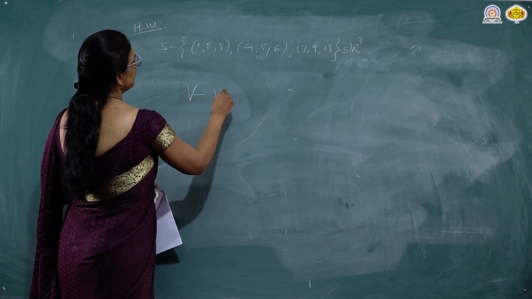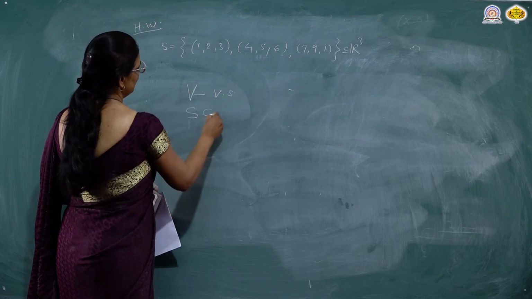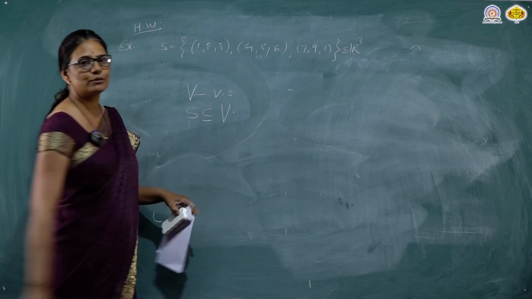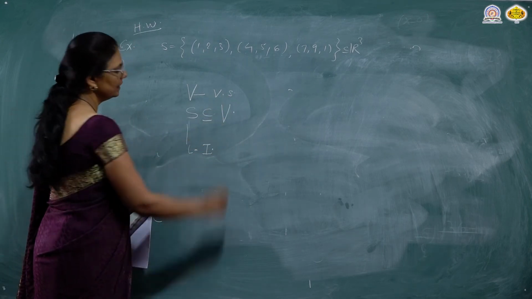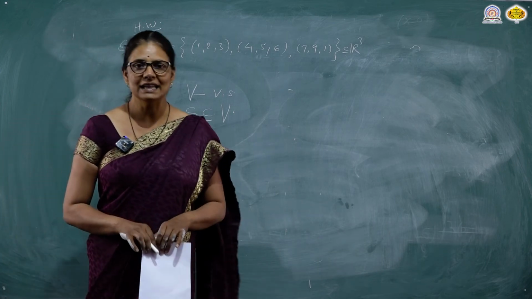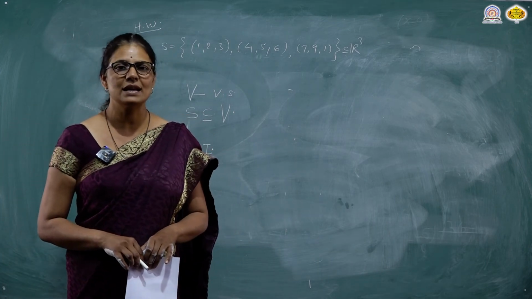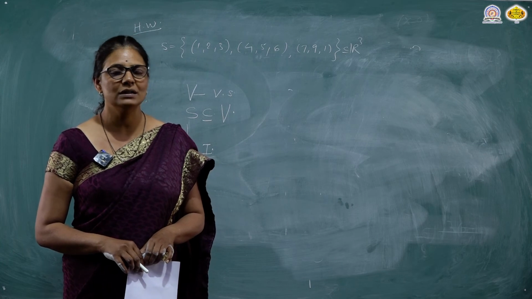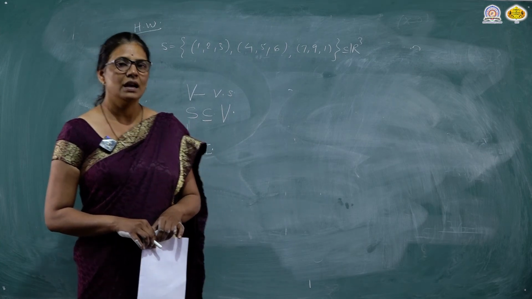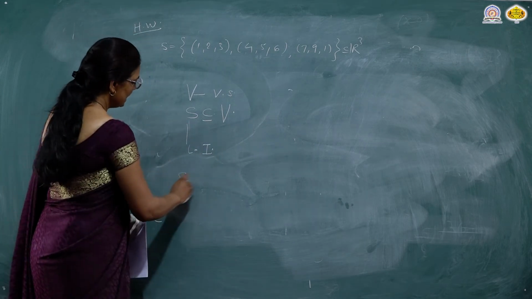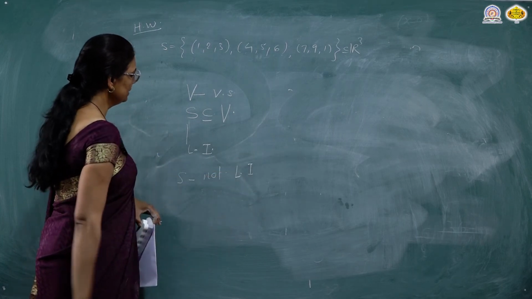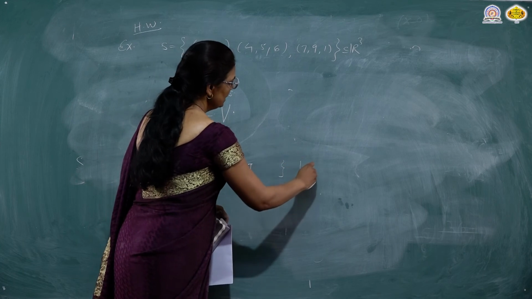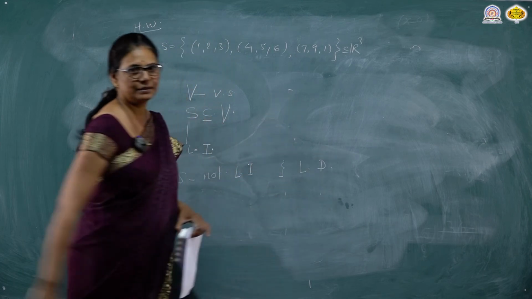If V is a vector space and S is a subset of V, S is said to be linearly independent if no vector in S can be expressed as a linear combination of other vectors in S. If S is not linearly independent, then S is said to be linearly dependent.